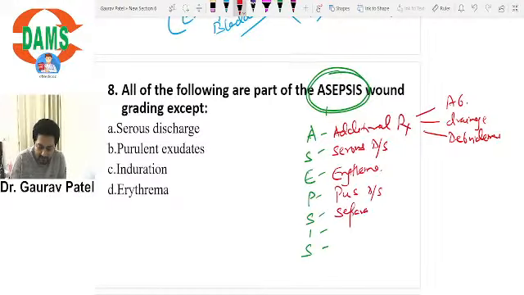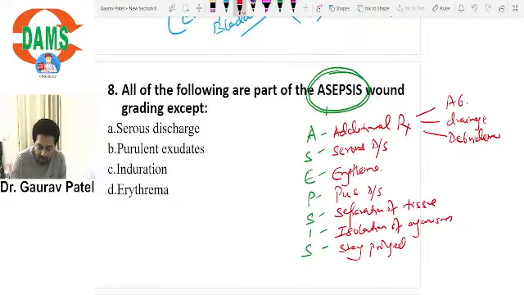S is separation of tissue. I stands for isolation of organism or bacteria. And another S is if the stay is prolonged for more than 14 days in the hospital. So this is the ASEPSIS score.